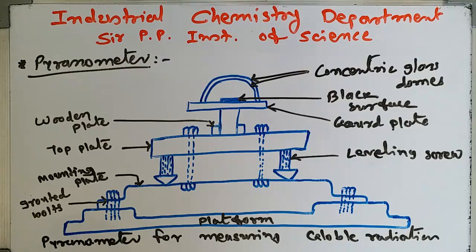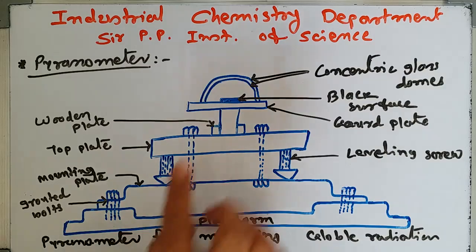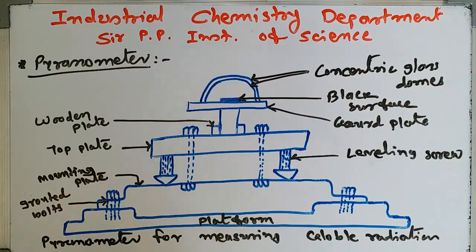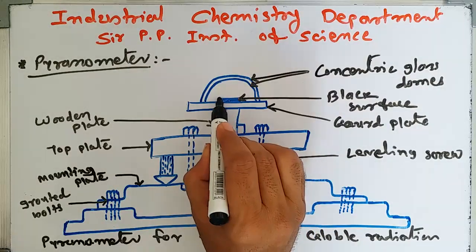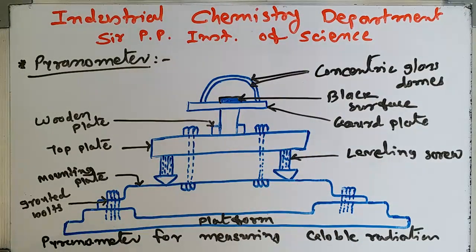With a hemispherical field of view, it consists of a black surface. This black surface gets heated when exposed to solar radiation, and its temperature rises to the extent that the rate of heat gained by solar radiation equals the rate of heat loss by convection, conduction and radiation.